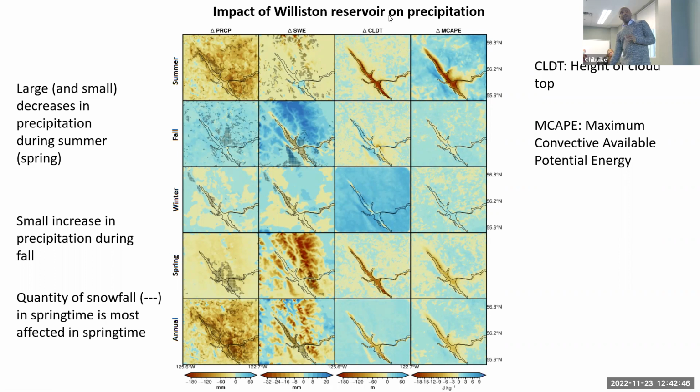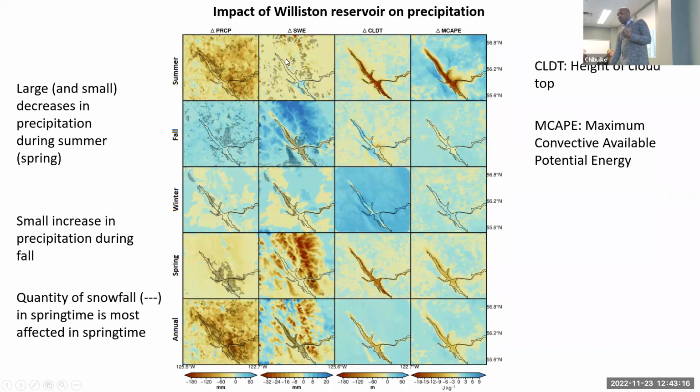Because of this decrease, it also trickles down to the annual average. There's a slight increase during fall, but spring cancels out much of the fall, so you have this reflected in the annual total.